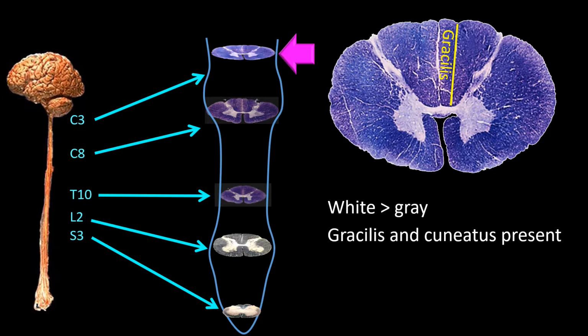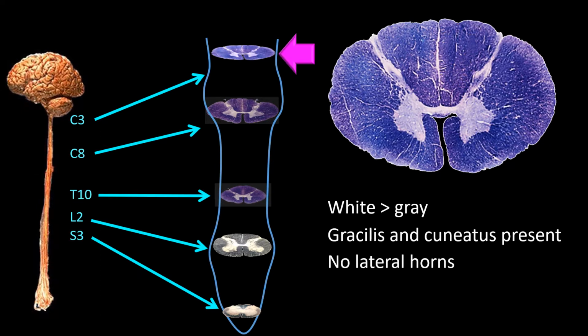The slender gracilis brings lower body conscious epicritic sensation, and the triangular cuneatus brings the same type of information from the upper body.